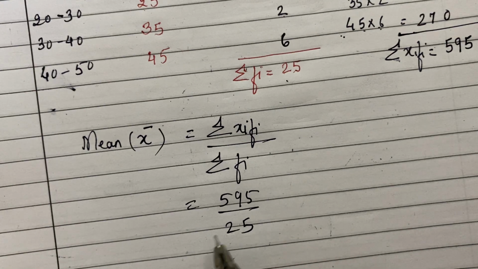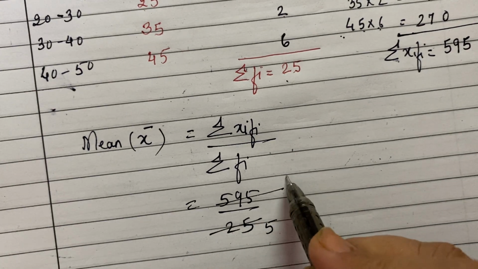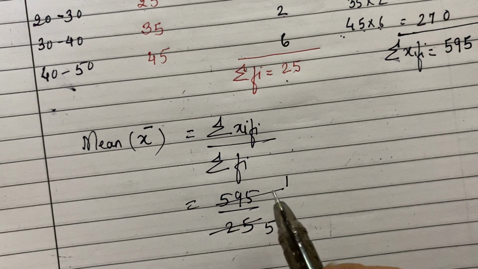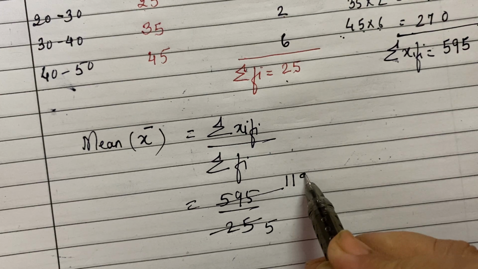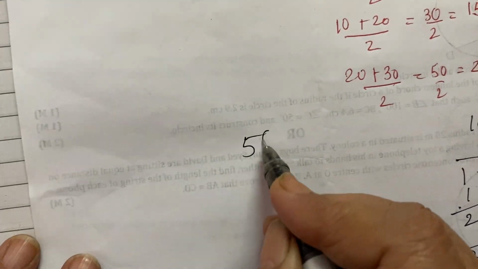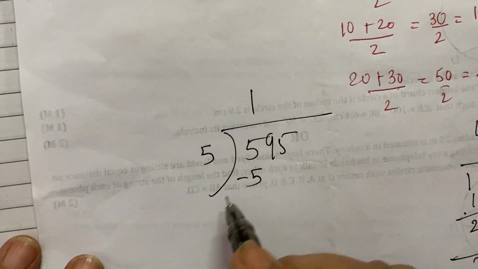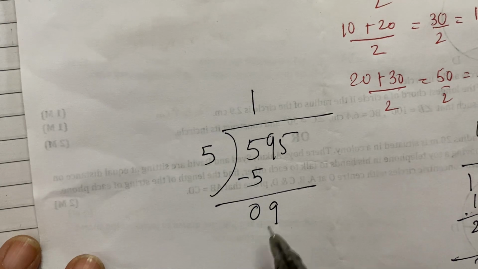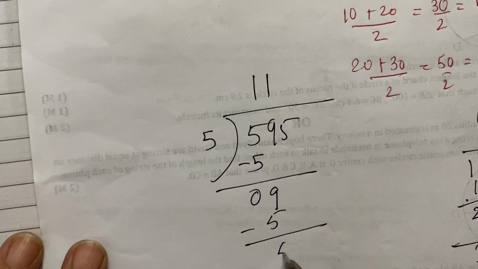I'll take a smaller number. 595 divided by 5, 5 1s are 5, remainder is 0, you'll bring down 9, again 5 1s are 5, remainder is 4.